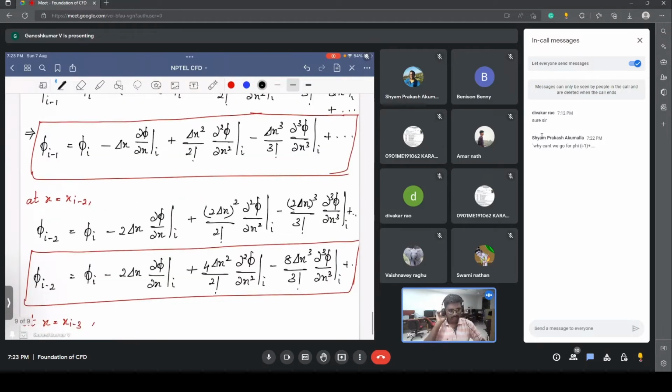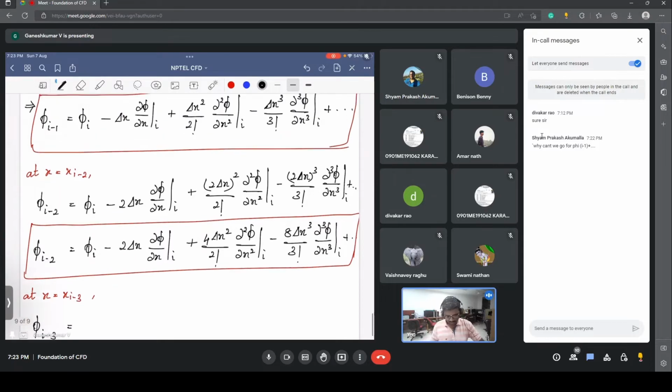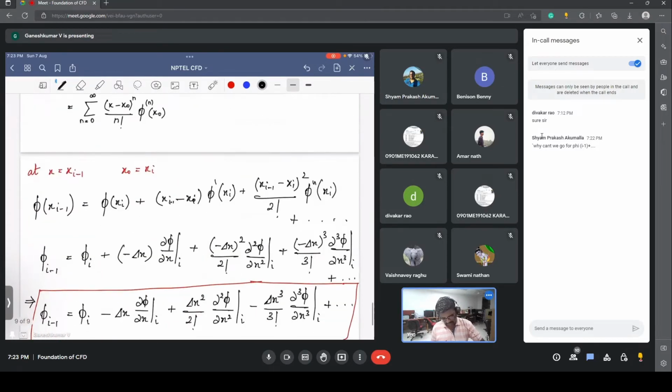Can't we go for phi I minus 1? You mean to say that instead of phi I, why can't we use phi I minus 1? So you are asking why can't we take x naught to be xi minus 1, is it?